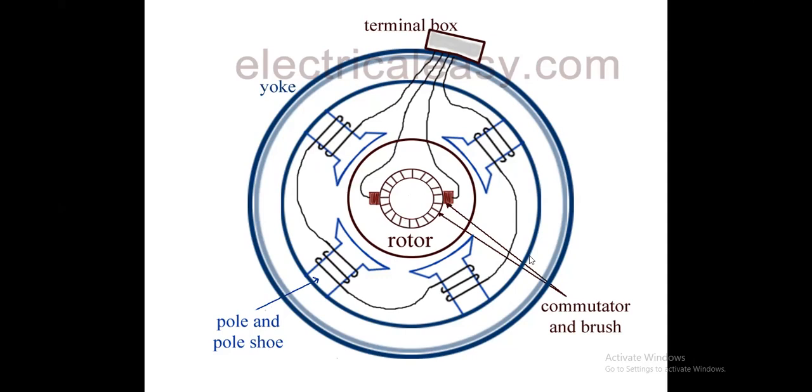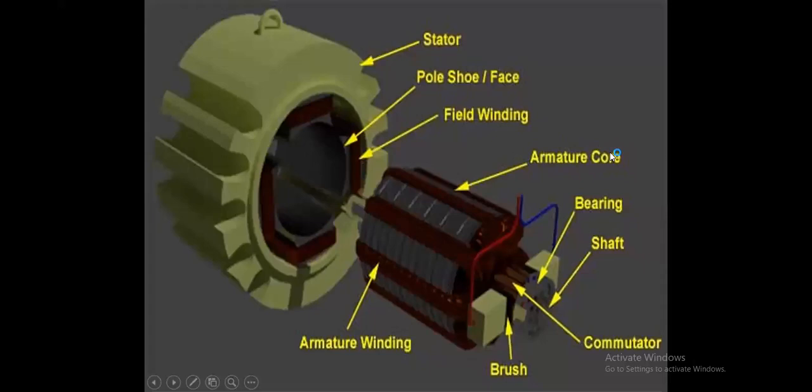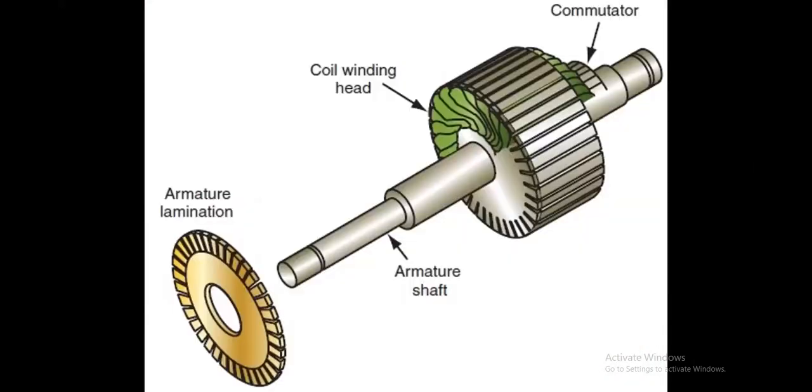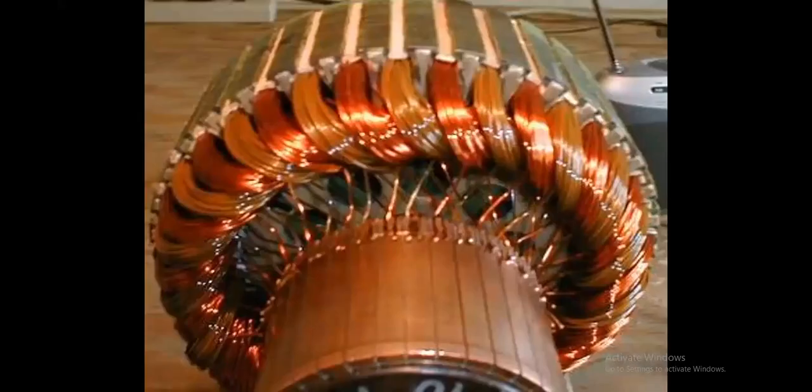The picture cannot reflect the complete specification, but in a later slide you can easily understand the commutator. This is the original picture on which we provide the supply. This is the complete armature. These are the commutators.